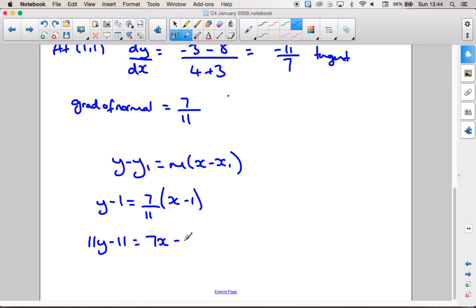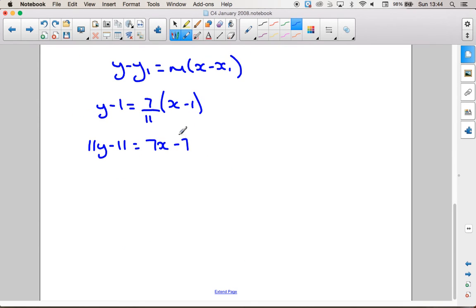Multiply these brackets out on the right. And then I like my leading term to be positive, so I'm going to move everything to the right. So that's going to be 7x minus 11y plus 4, and that's going to equal 0.